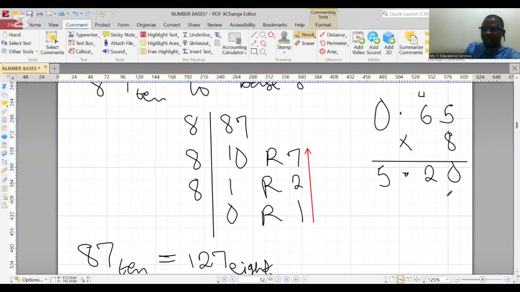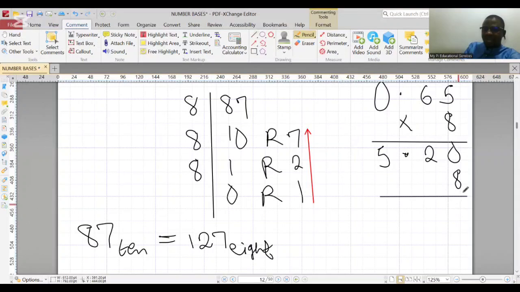Now, let's multiply by 8 again until we arrive at 0. 8 times 2 gives 16. So you write 6 and put the 1 here.